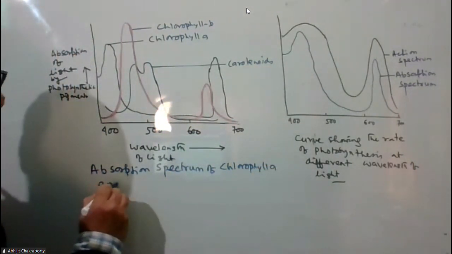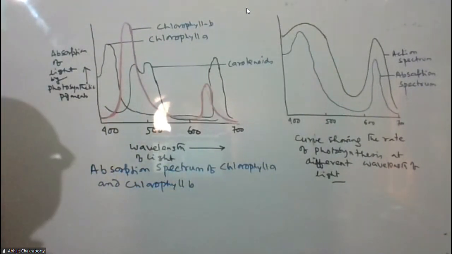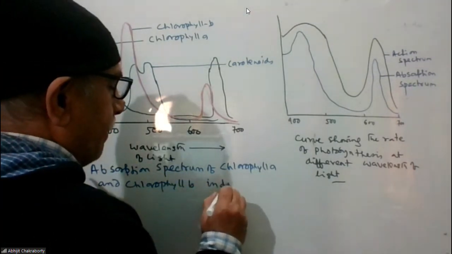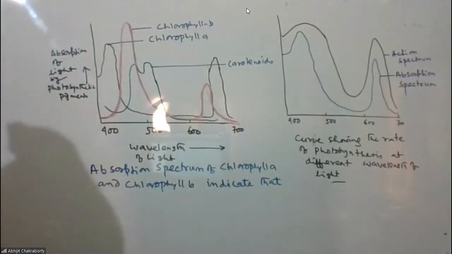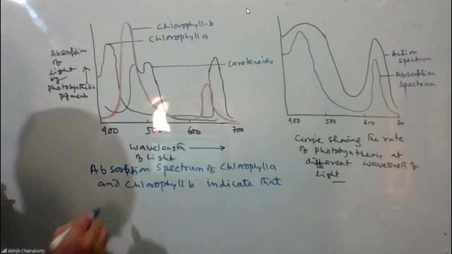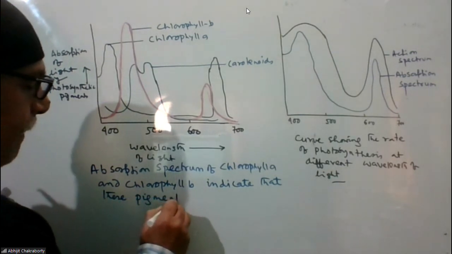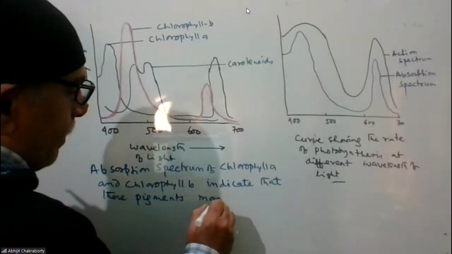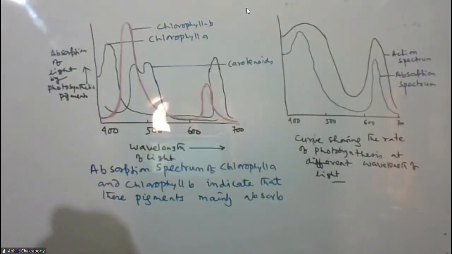And chlorophyll B. Absorption spectrum of chlorophyll A and chlorophyll B indicate that these pigments mainly absorb blue and red region of the spectrum.